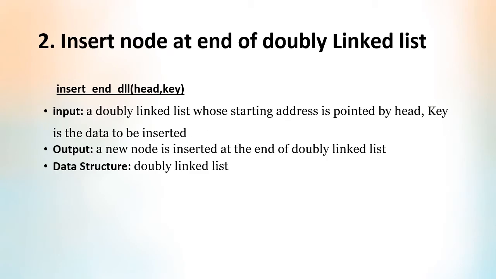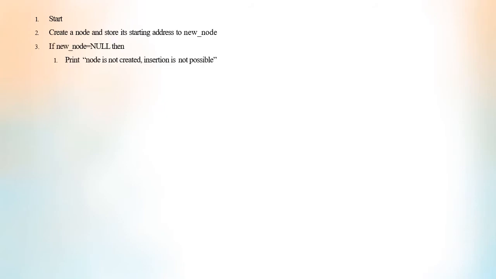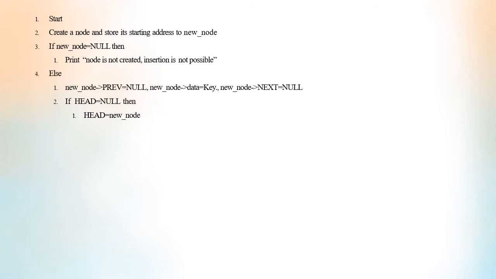Next, insert a node at the end of a doubly linked list. Start. Create a node and store its starting address to new node. If the node creation was not successful, print the message node is not created.